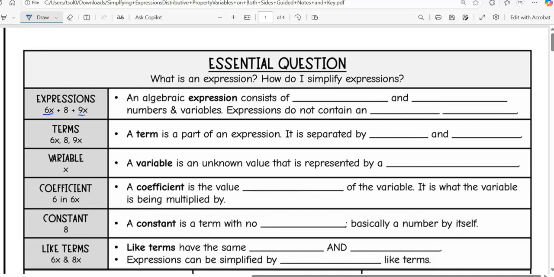We're going to start with expressions. If you notice, expressions have a number matched with a letter, and then there's one of these numbers with no letter, and that's called a constant.